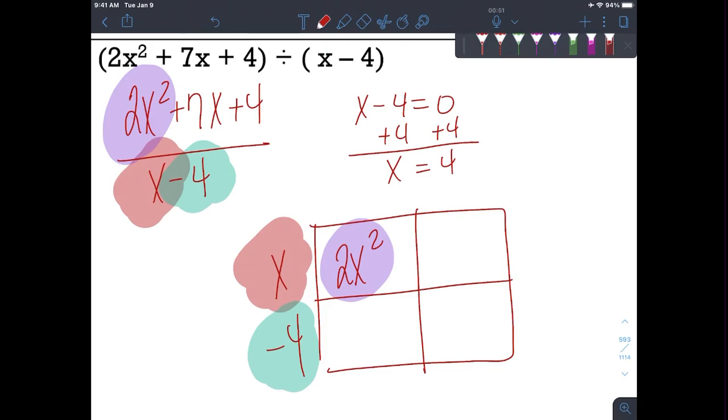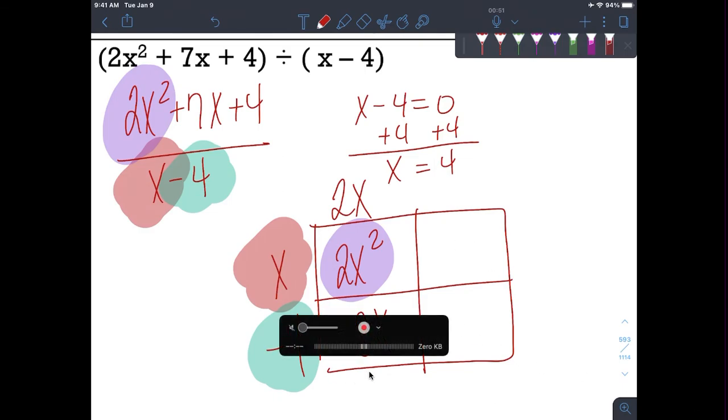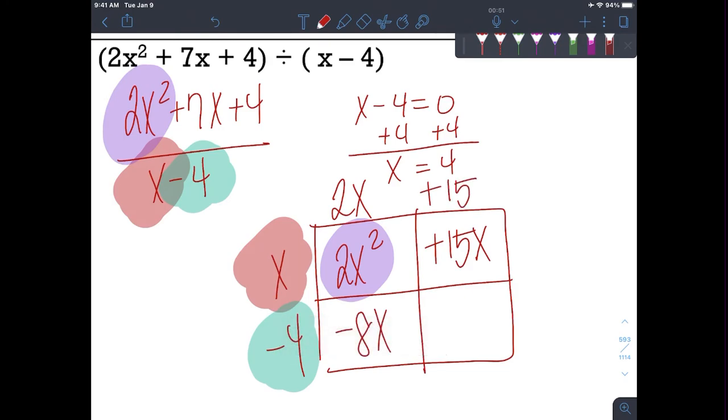So in order to change x into 2x squared, I have to multiply by 2x. 2x times negative 4, minus 8x. How did I get from negative 8x to positive 7x? Add 15x. How did I get from x to 15x? Multiply by 15. And 15 times negative 4, negative 60.